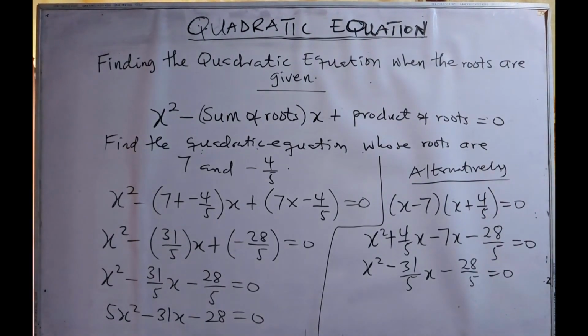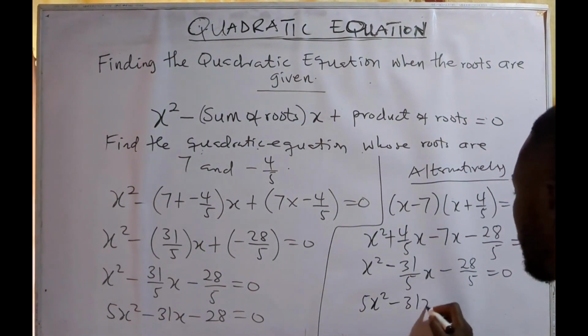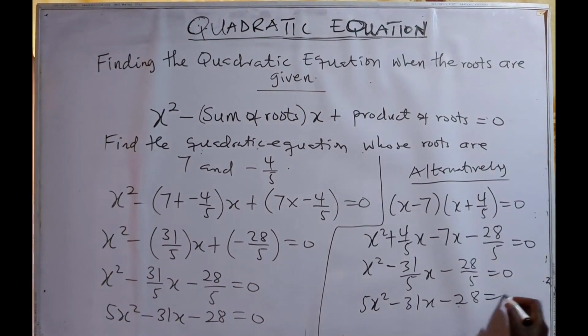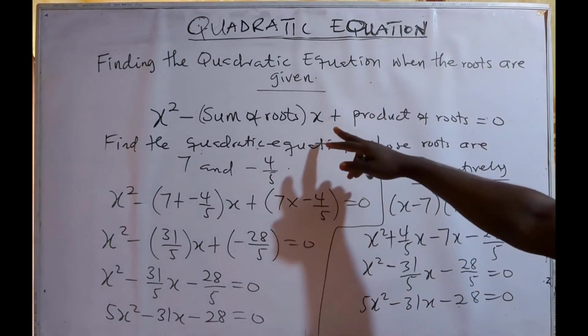So what we have to do is to get rid of the denominator, which is the common 5. So we multiply through by 5 and get 5x squared minus 31x minus 28 equal to 0. So you realize that we are getting the same answer.